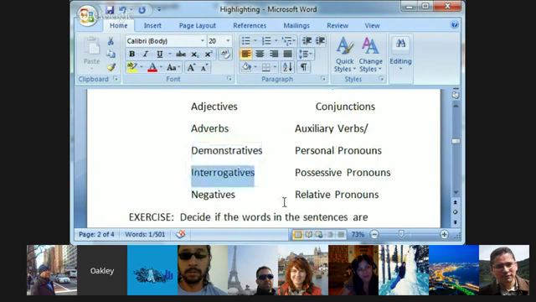Also, interrogatives, these are the question words. We want people to understand we're speaking a question, so of course we're going to highlight who, what, where, when, why. Why are you doing that? What did he say? And also negatives, negative contractions, because we want to show a difference between the positive and the negative.